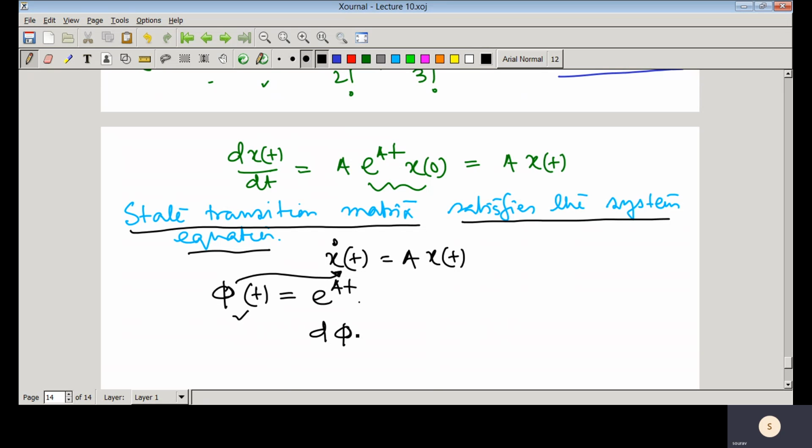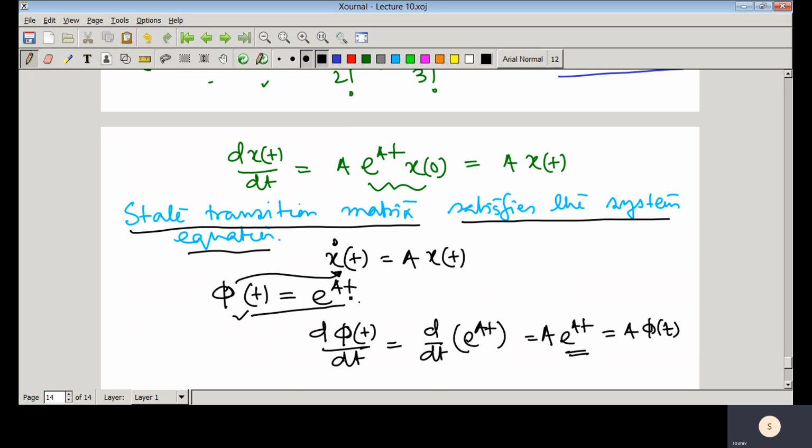So what is d phi(t)? d phi by dt equals d/dt of e to the power At, and that equals A e to the power At. And this e to the power At, so equal to what? A phi(t), because we have denoted that phi(t) equals e to the power At.